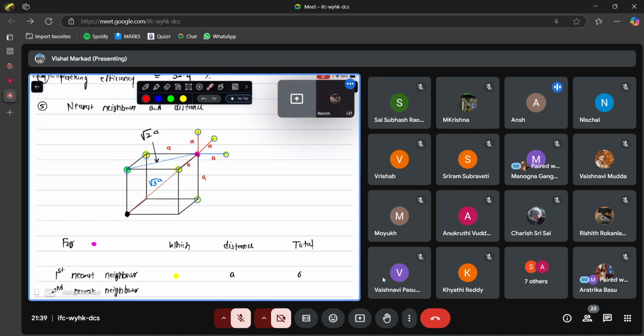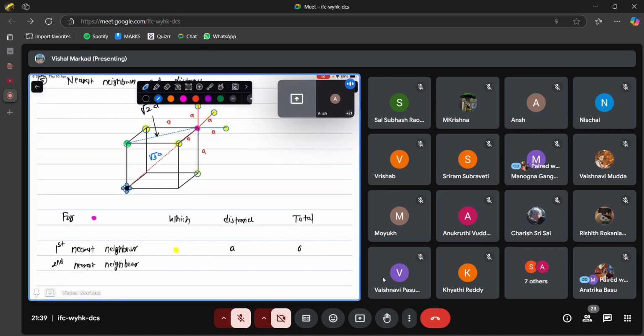Yellow one, green one, or this black one? Yellow one. That we have written as first nearest neighbor. And what is that distance? A. How many are there? Total 6. First is over. What is the second nearest neighbor now? This green atom or the black one? Green atom will be the nearest neighbor or the black one?